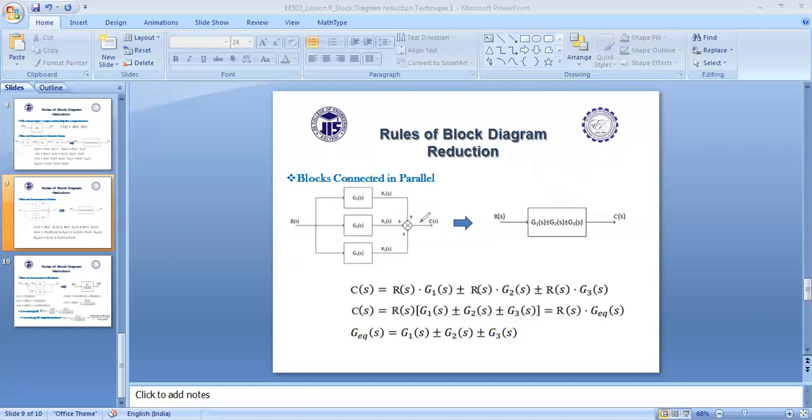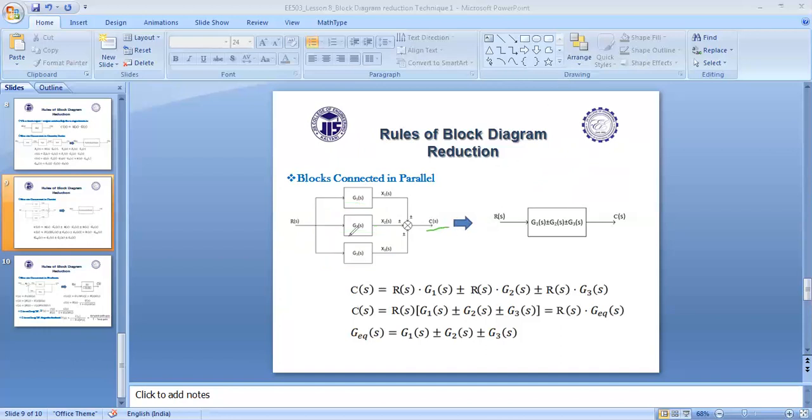So this is parallel connection. The signals are all acting from input to output.